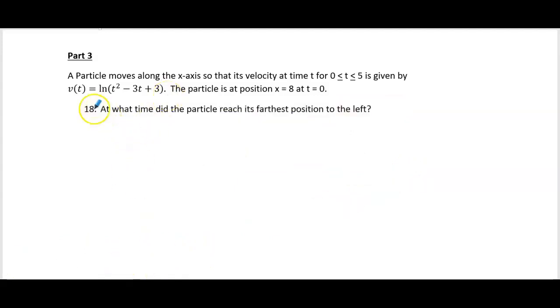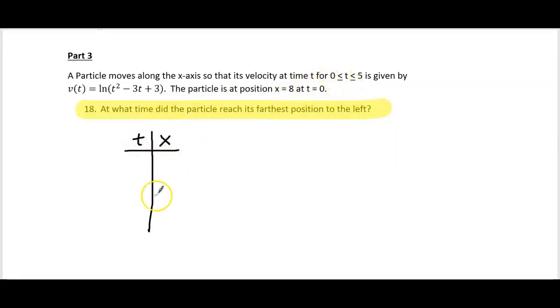All right. At what time did the particle reach its farthest point to the left? So we've got another candidates test question here, because anytime you're being asked to find the furthest or the greatest, you are being asked to do an absolute max or min, which is candidates test. My input variable is t, my output variable is x, and we always start with our greatest and least time values from 0 and 5.